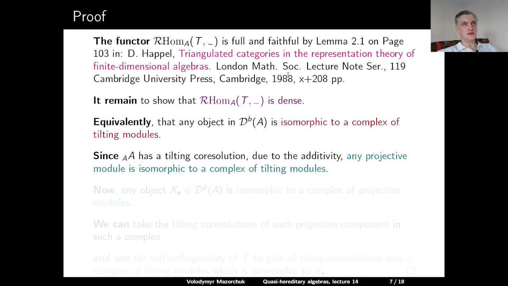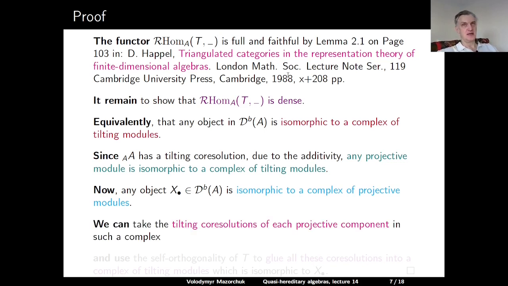Since the left regular A-module has a tilting co-resolution, it is isomorphic to its tilting co-resolution, so the left regular module is isomorphic to some complex of tilting modules. By the additivity of this construction, any projective A-module is isomorphic to a complex of tilting modules. Now if we take any object in D^b(A), we can represent it as a complex of projective modules, so any object of D^b(A) is isomorphic to a finite complex of projective modules.